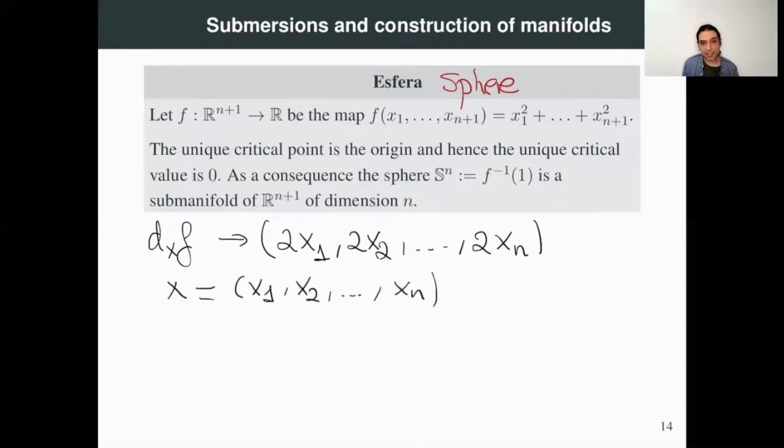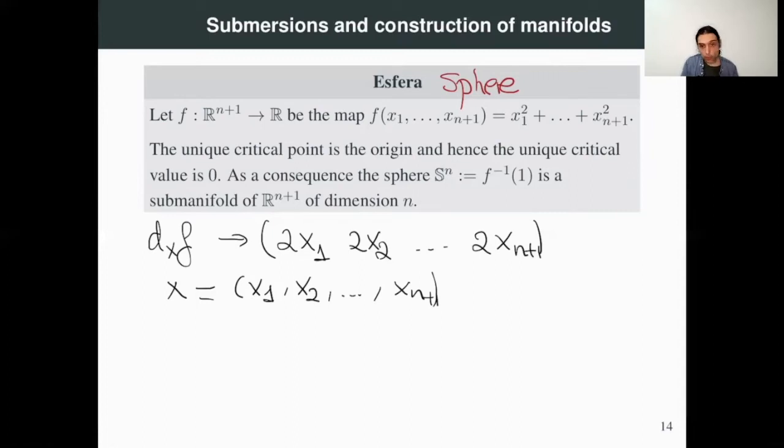What you get is that this matrix defines a linear map between R to the n plus 1 and R. And in order for this map to be surjective, you need the rank to be maximal. This happens whenever one of these coefficients is different than 0.